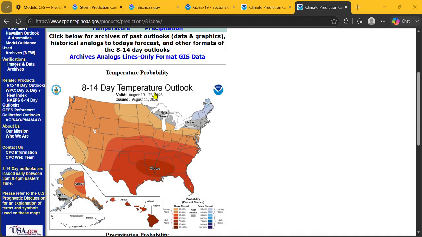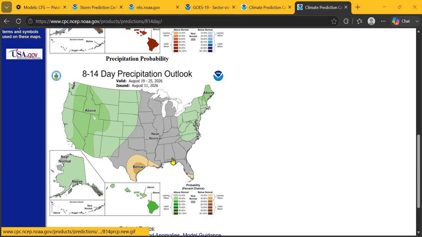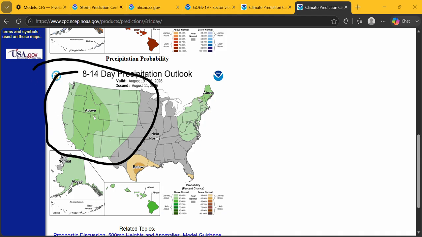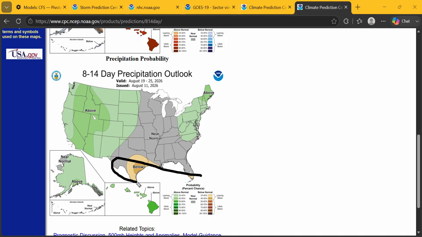Although this only goes to the 25th, and I believe shortly after that, this cold is going to start advancing into the eastern United States. So we'll have to see whenever they issue another one out to about the 28th. We do see above average precipitation for the West and for the East, although below average for the very extreme southern areas.